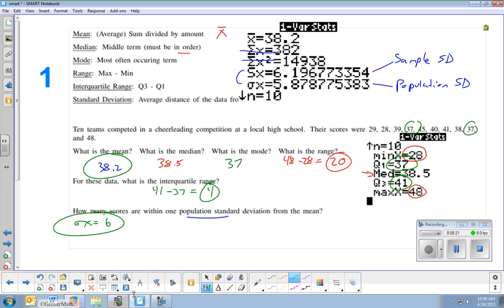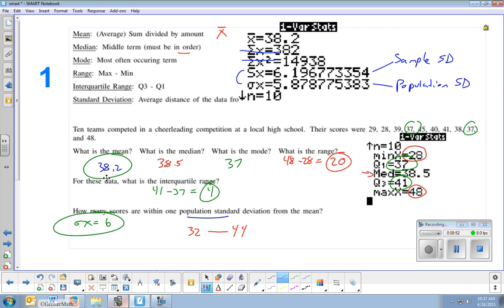And so how many scores are within one standard deviation? So if your average is 38, 6 above that would be 44, and 6 below that would be 32. So we want to know how many scores are between 32 and 44, because 32 is a standard deviation below the mean. It's 6 below the average. And 44 is a standard deviation above the mean.